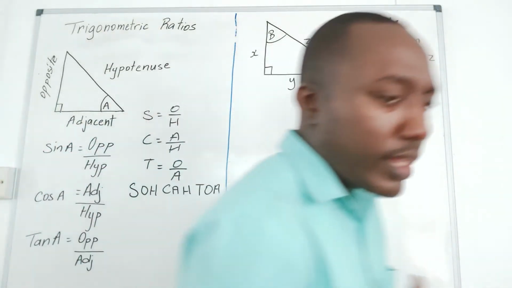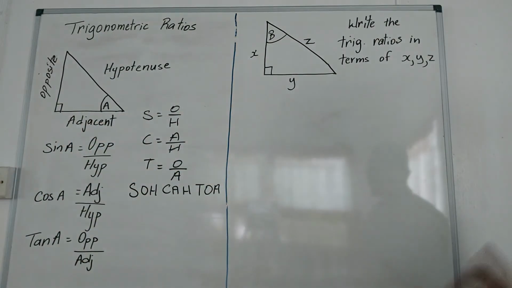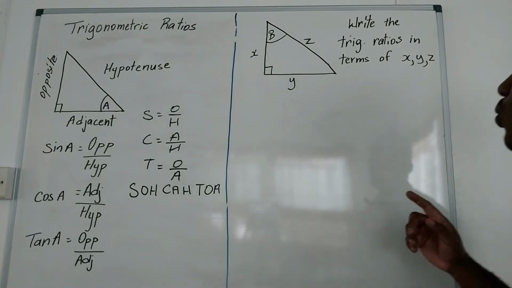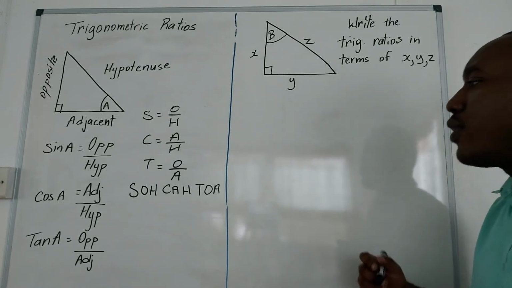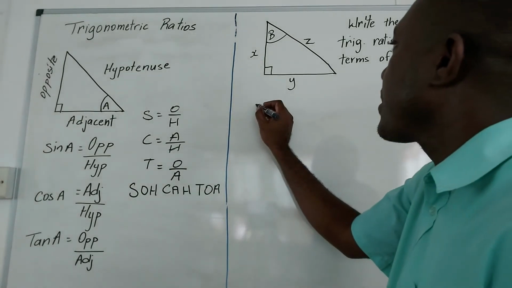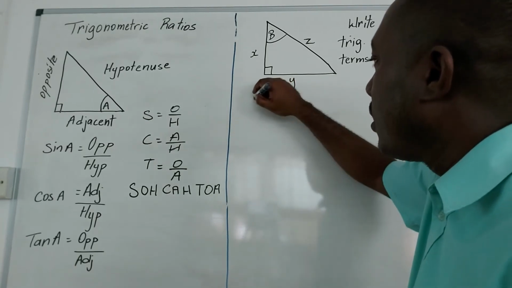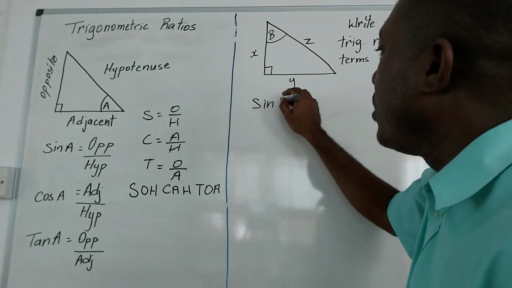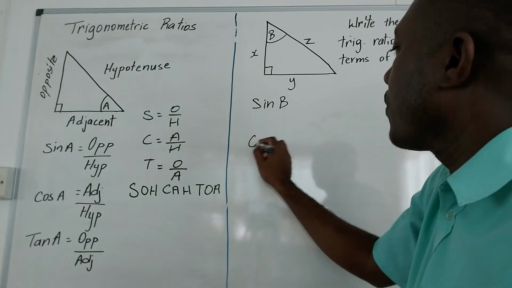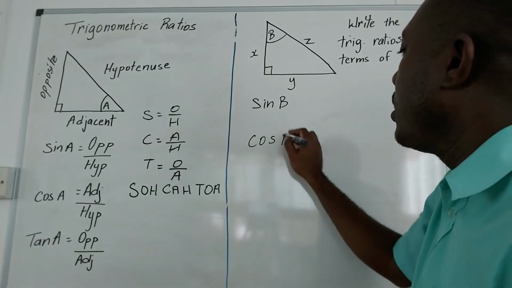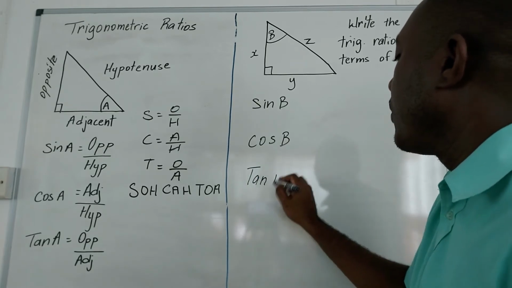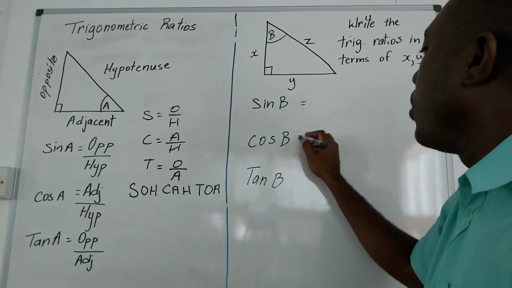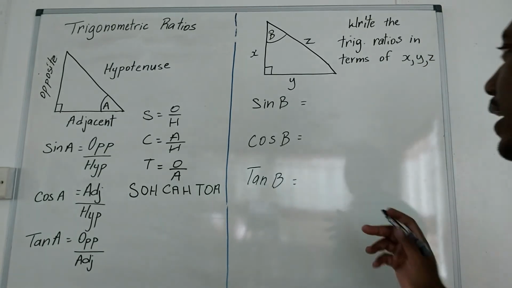Now, let us do an exercise where we will write the trig ratios in terms of x, y, and z. We want to find what is sine B, cos B, and tan B, and we want to write it in terms of x, y, and z.